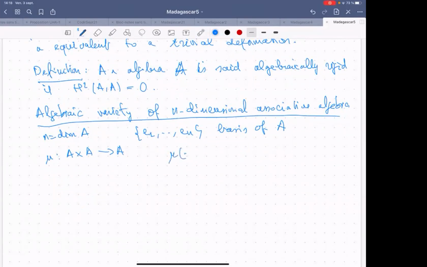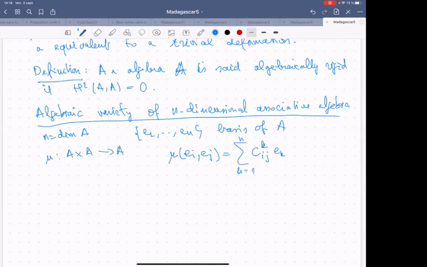Then I can set mu of e_i, e_j on two elements of the basis to be a sum of coefficients, which I denote by c_ij^k, times e_k, with k running from 1 to n.